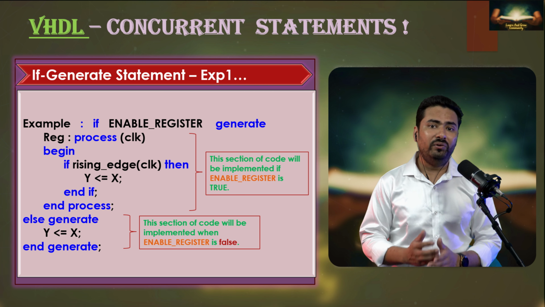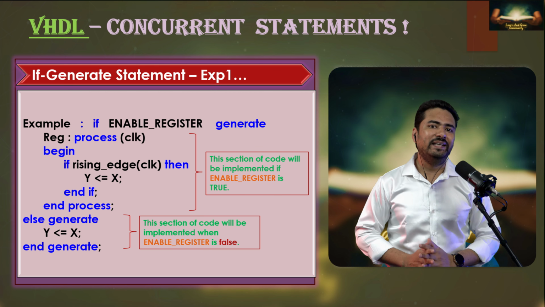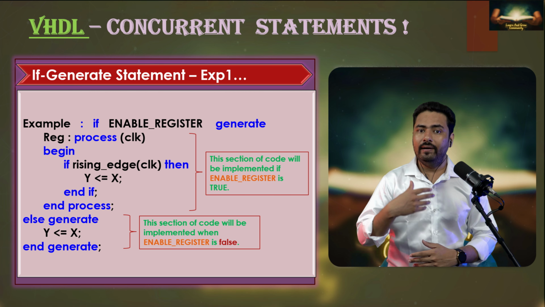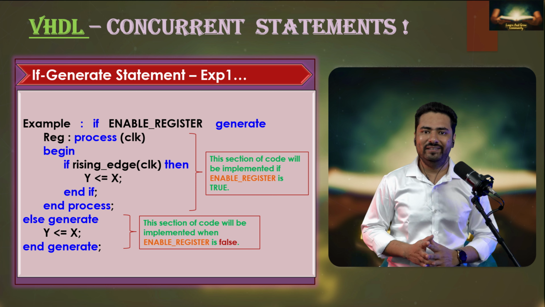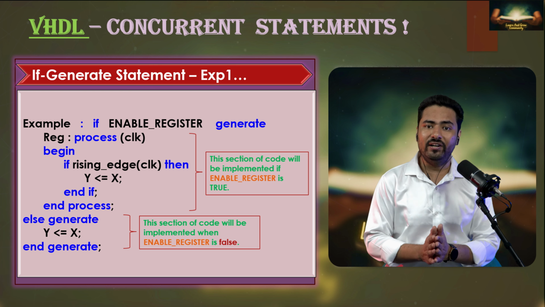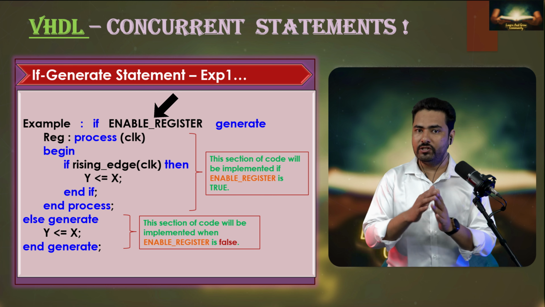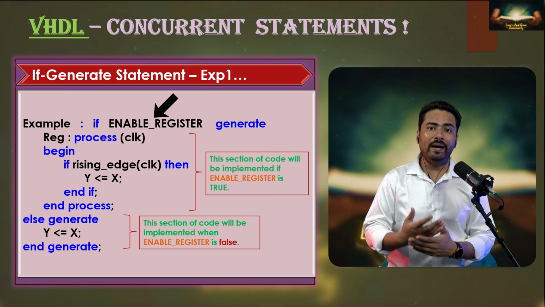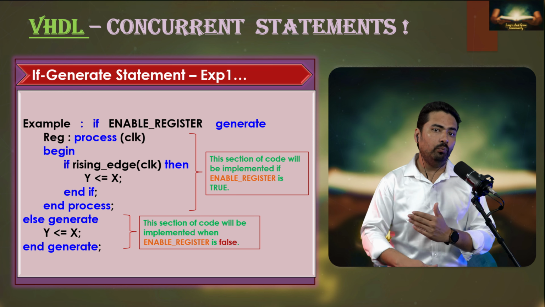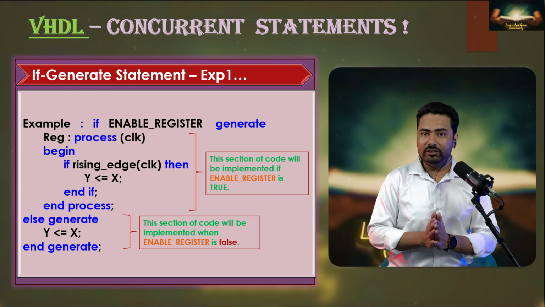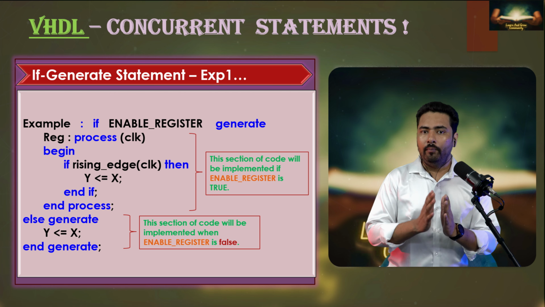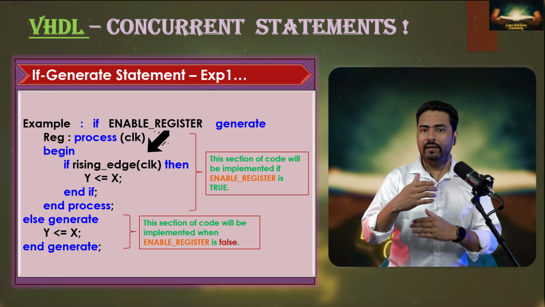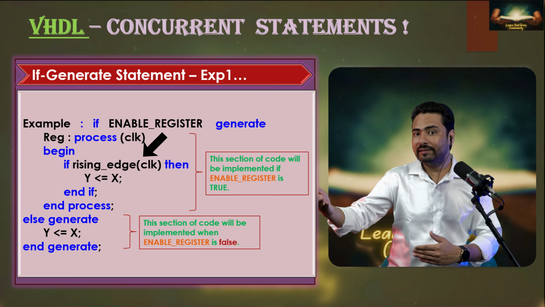Now let's talk about a slightly more complex task. For example, we want to create an optional register in the design. So if a constant condition enable_register is true, then I want to implement signal y at the output of a flip-flop which registers signal x. It means signal y will be one cycle behind signal x.